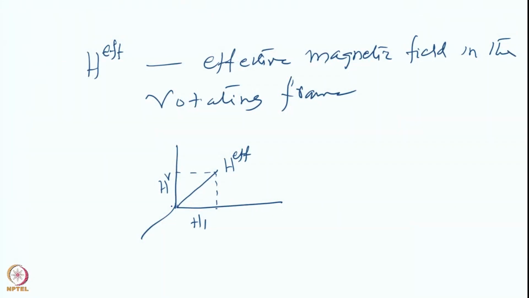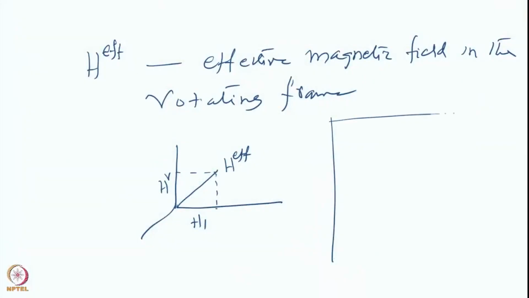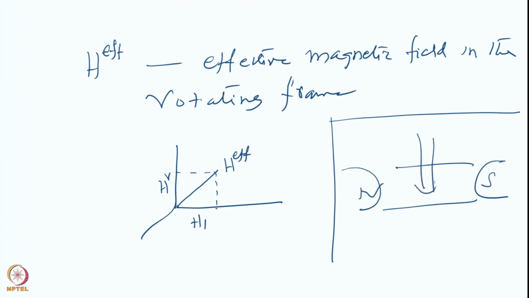Okay. So, now this brings us to the basics of the NMR spectrometer. The NMR spectrometer consists of a magnetic field. So, let us say we have this north south magnetic field, and we have the sample here. Okay.